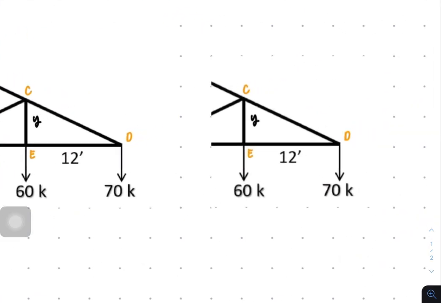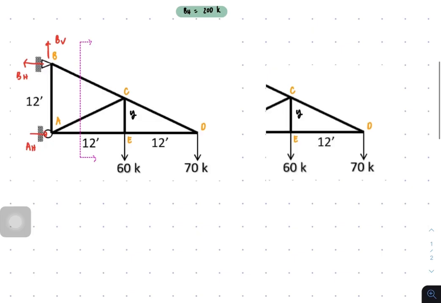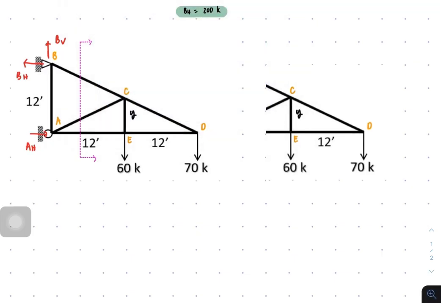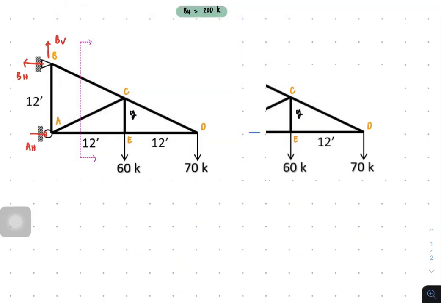And of course, we have members. This is for member AE.